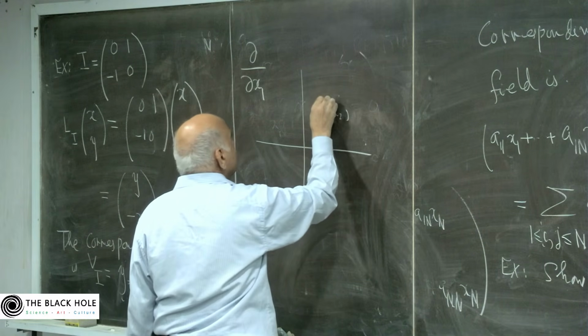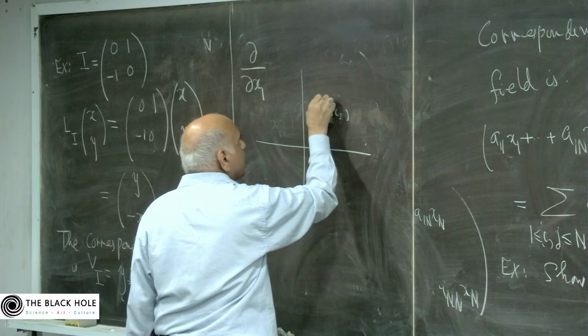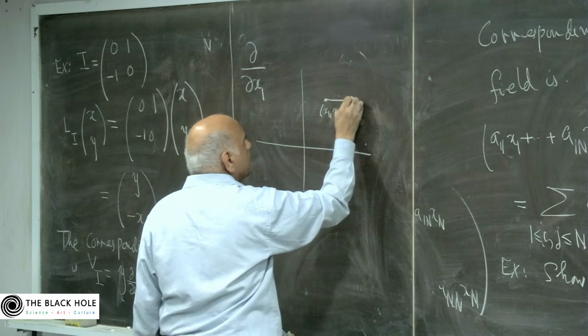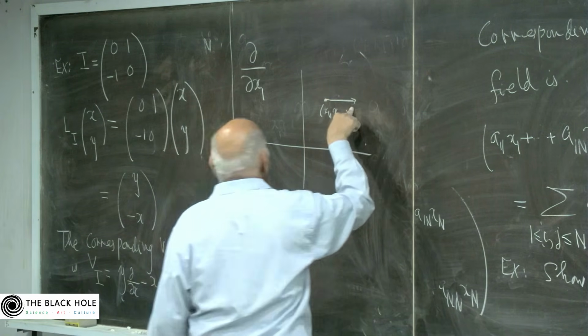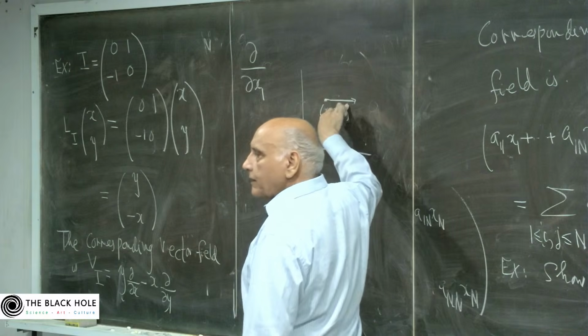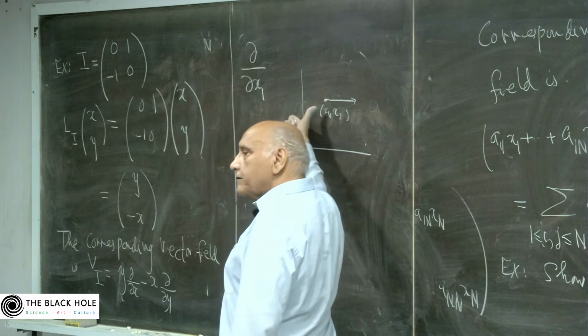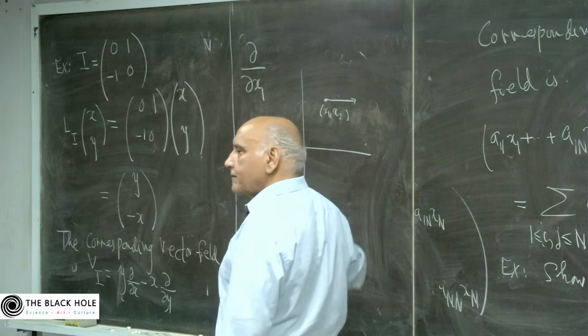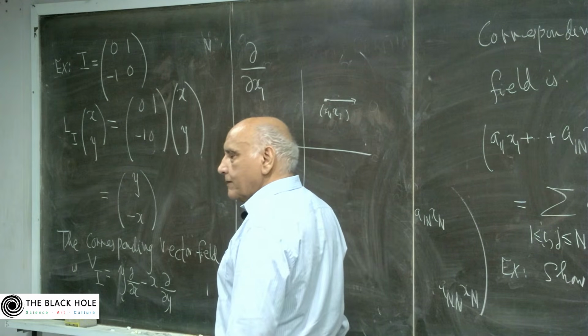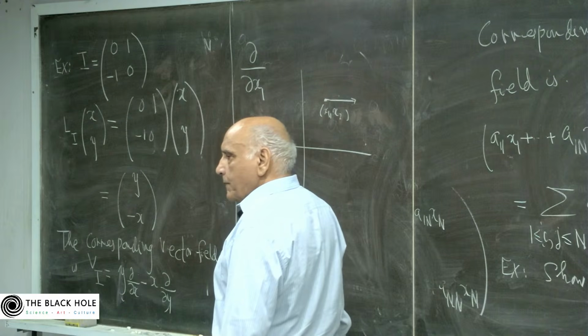As a geometric operator, d by dx1 corresponds to the unit vector parallel to the x-axis, and the corresponding differential operator is the directional derivative in this direction. Except that this is on a flat space.